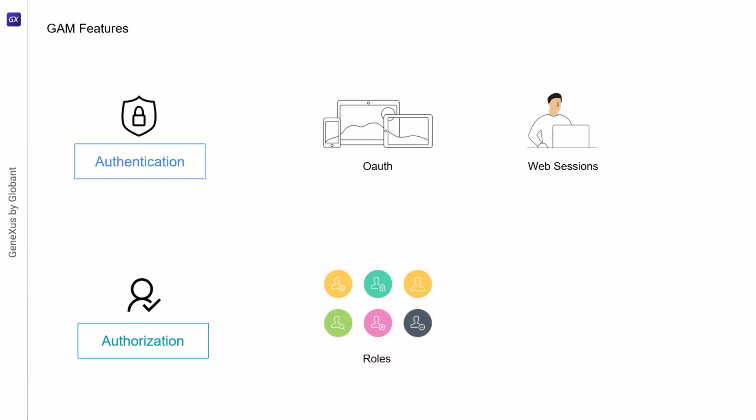GAM provides several authentication types, which are as follows. Local authentication using GAM, where users and all their credentials are stored in a database that we own. It can also be done remotely, since an application using GAM can become an identity provider.